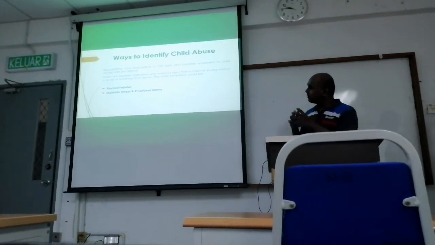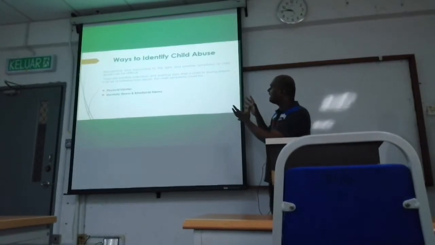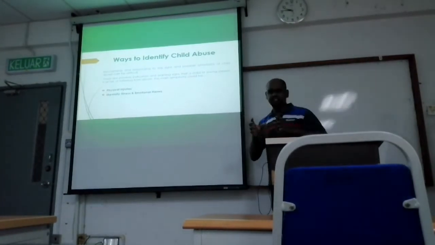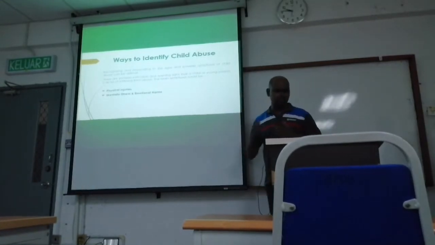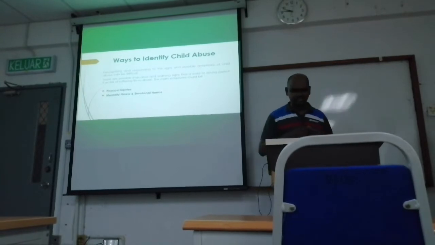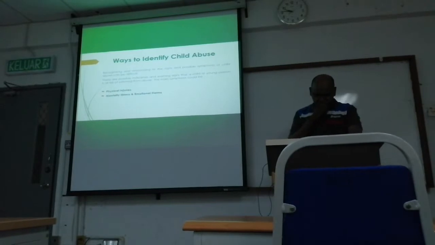Okay, we are going to focus on the ways that we can identify if a child is abused. That's our subtopic. Our main topic is child abuse, and our subtopic is ways to identify child abuse. Now let me start.